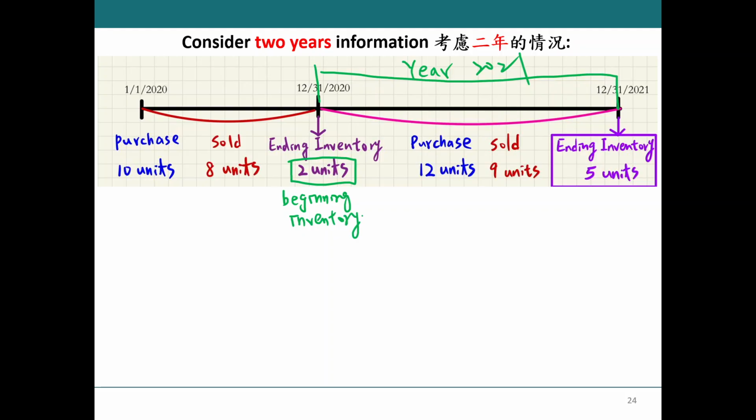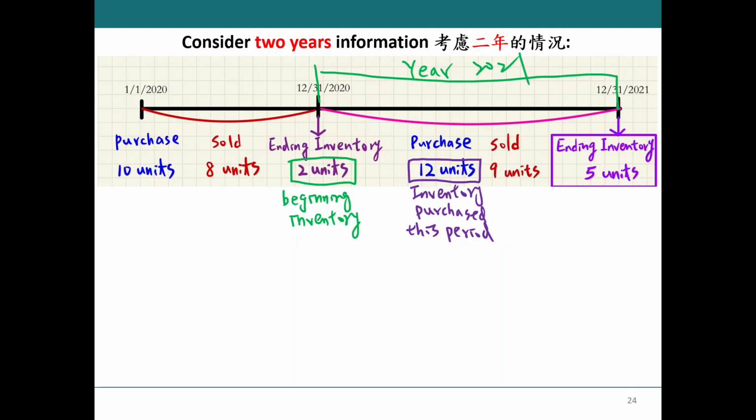Okay? But you know, 2 units is not enough for us to do the business. So that's why this year we decide to buy 12 units more. So I have 12 units. That's the inventory you purchase this period. Okay? So right now, how many inventory we have? First day, 2 units. Right now, 12 units, right?